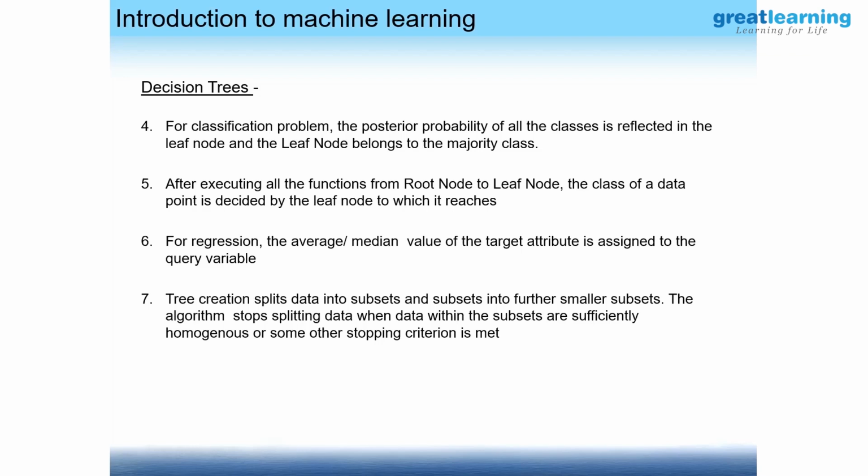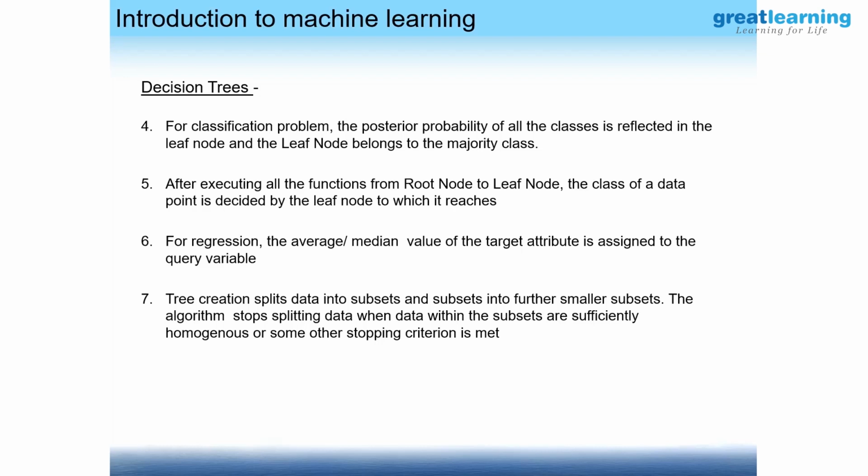Now, when you create a decision tree, this entire data set is used at your root node. There's a lot of detail to it. I'll come to those details gradually. And then, based on some function which is executed on one of these independent attributes, your data gets split into two.